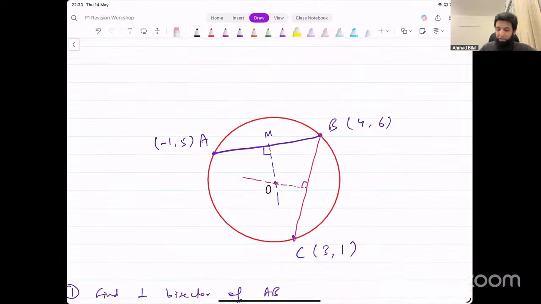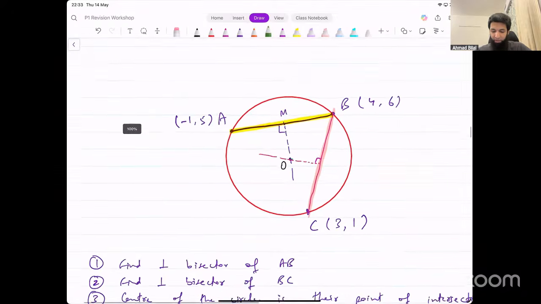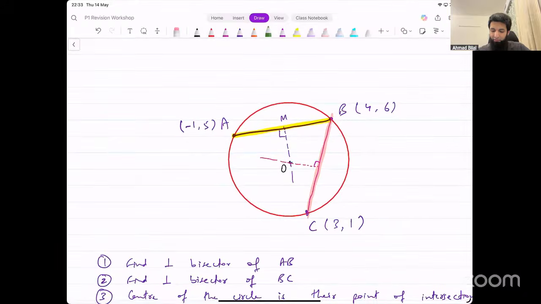So what I've done is I've joined A and B, and I've joined B and C. Now that gives us two chords. The perpendicular bisectors of those chords are going to pass through the center. So what you do is you find the equation of the perpendicular bisector of AB. Then find the equation of the perpendicular bisector of BC.